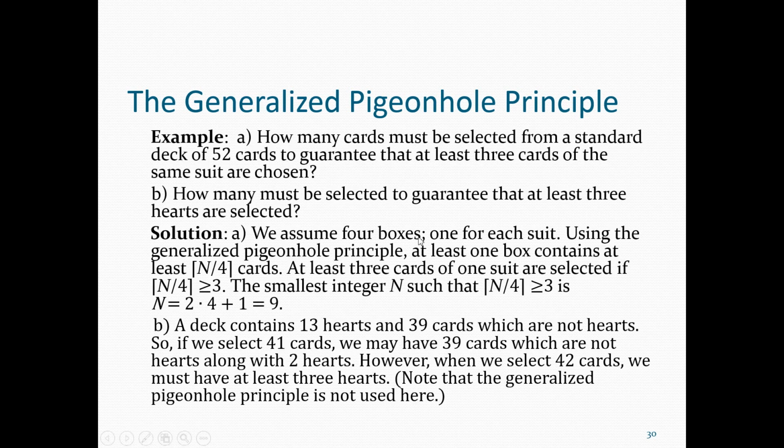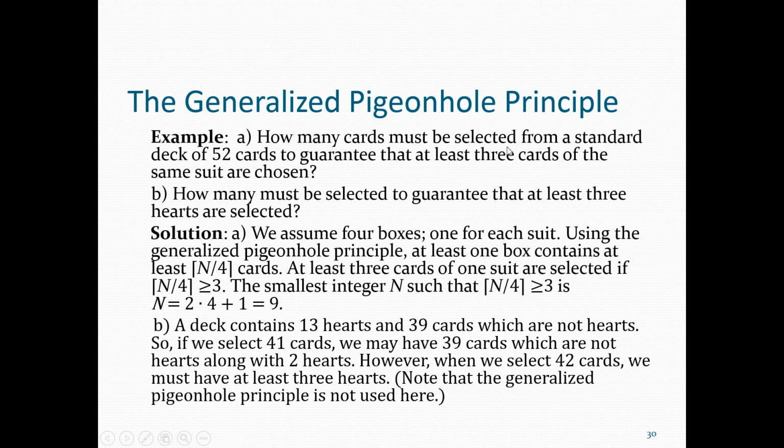Next example: how many cards must be selected from a standard deck of 52 cards to guarantee that at least 3 cards of the same suit are chosen? Now, how many suits are there? There are 4 suits of cards: spade, heart, club and diamond, right?